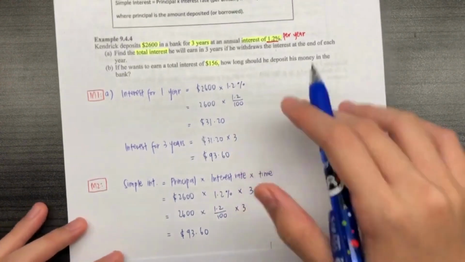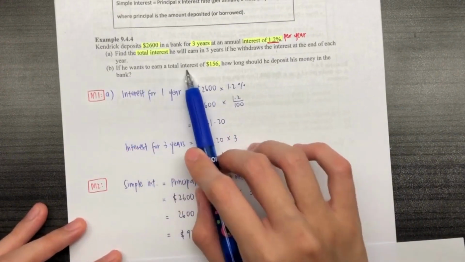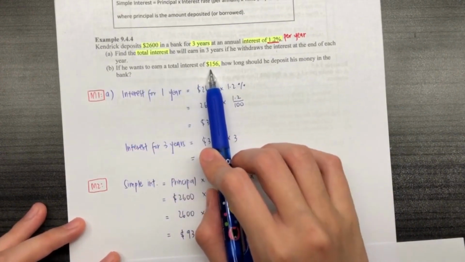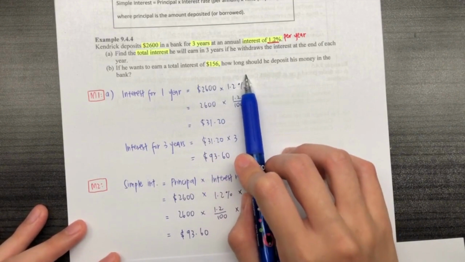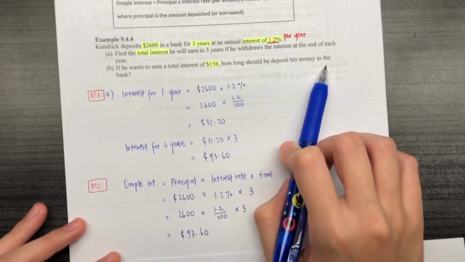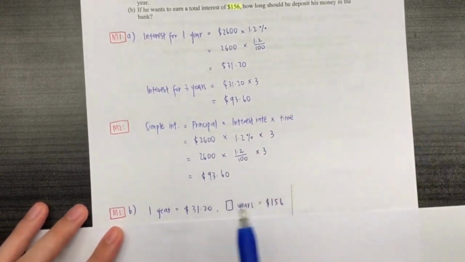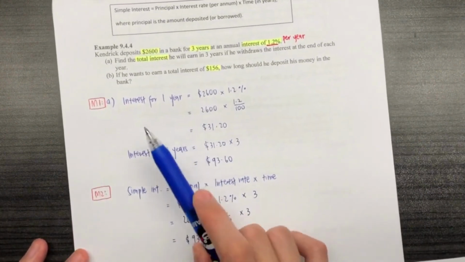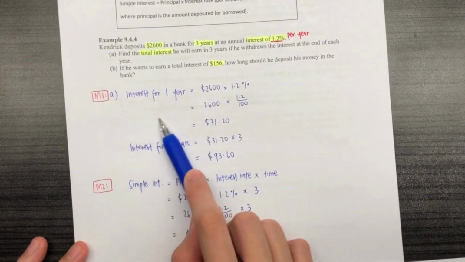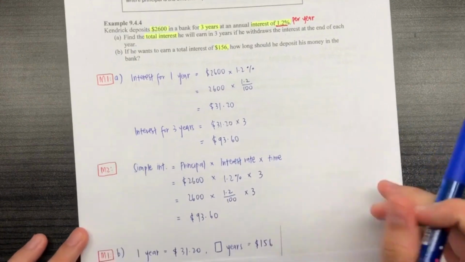So let's move on to part B. It states that if he wants to earn a total interest of $156, how long should he deposit his money in the bank? So for method 1, you can see that 1 year he earns an interest of $31.20, right?